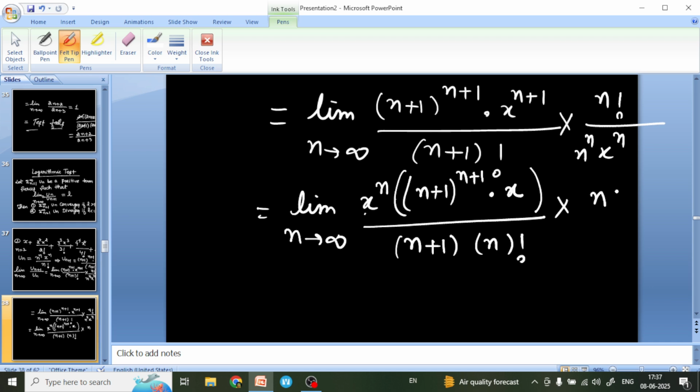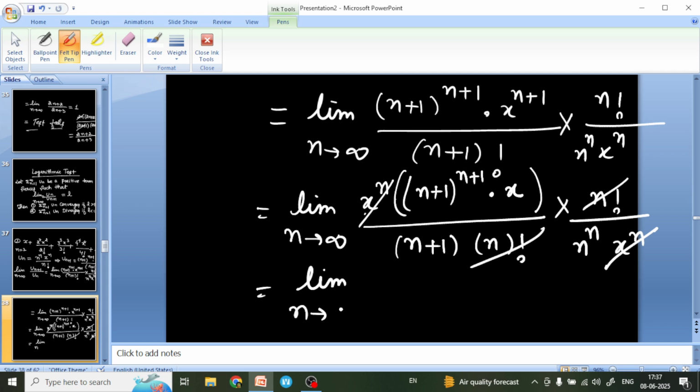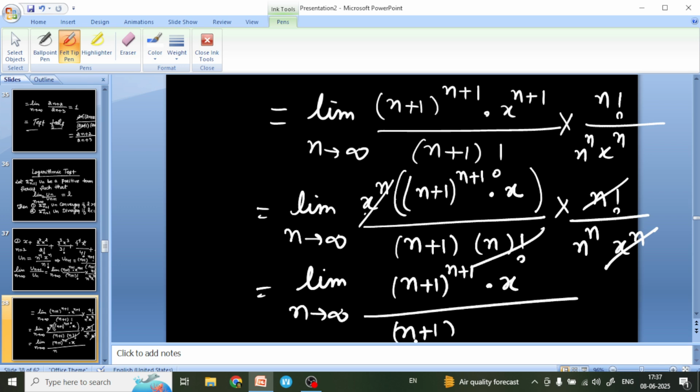Here n factorial over n raised to power n, x raised to power n. This cuts with this, this cuts with this, and you will find this value: (n plus 1) whole power n plus 1 into x over (n plus 1) into n raised to power n.